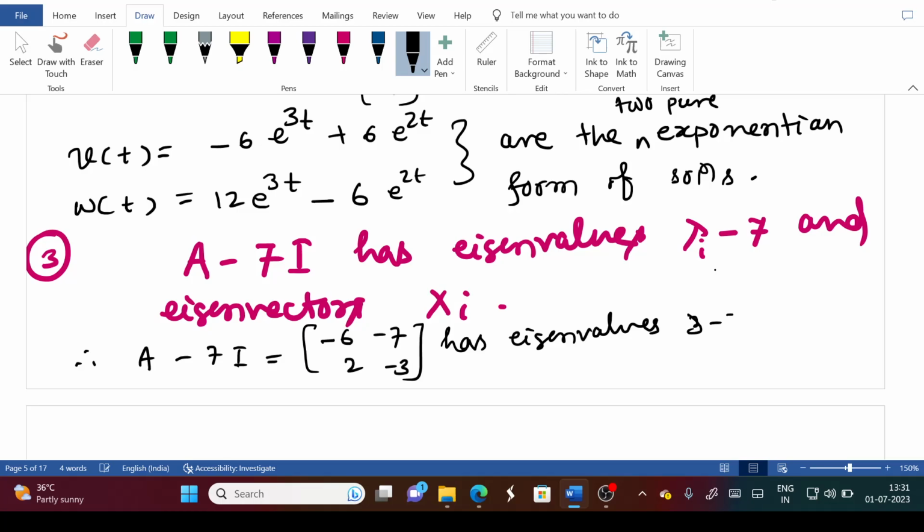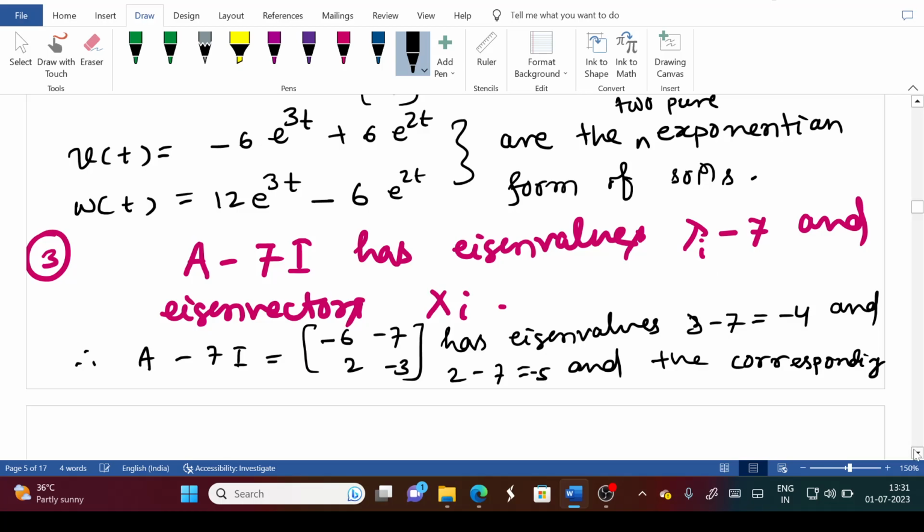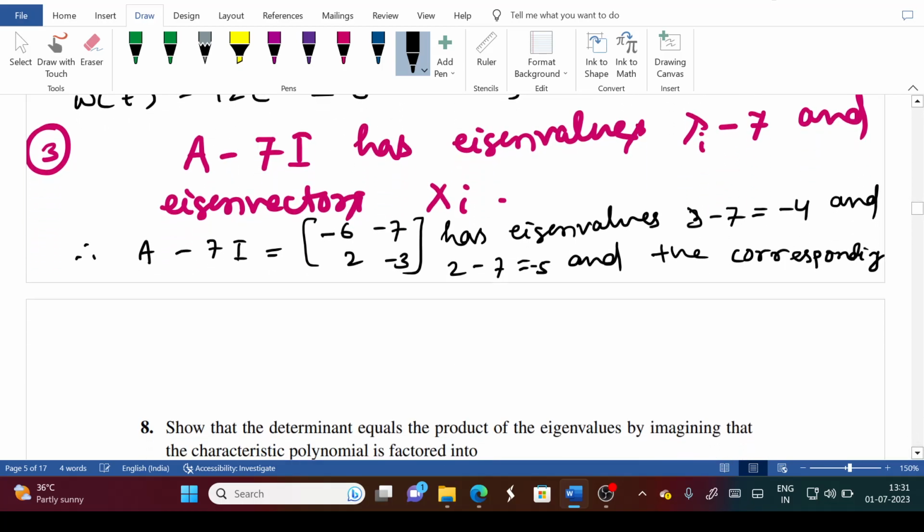So 3 - 7, that is -4, and 2 - 7, that is -5, and the corresponding eigenvectors are the same.